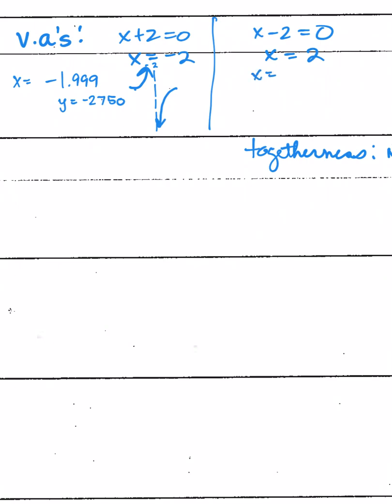Let's try x equals 1.999. All right. So plug that in. 9 minus 1.999, divided by 1.999 plus 2, divided by 1.999 minus 2. Oh, that gives me y equals what?